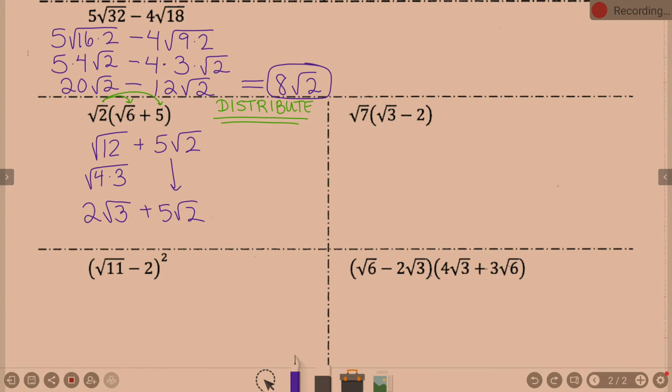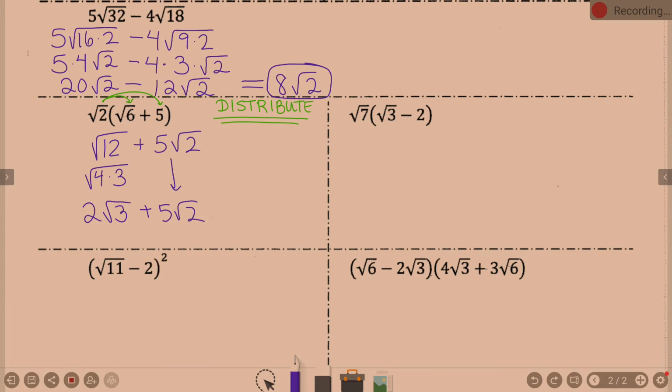What is 2 square root of 3 plus 5 square root of 2? 7 square root. I don't know. Oh wait, no. 2 plus 5 is 7. Yeah, but then you got stuck on the fact of square root of 3 plus square root of 2.